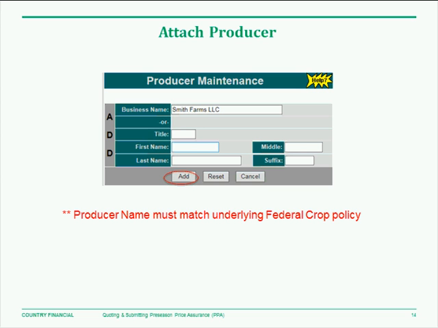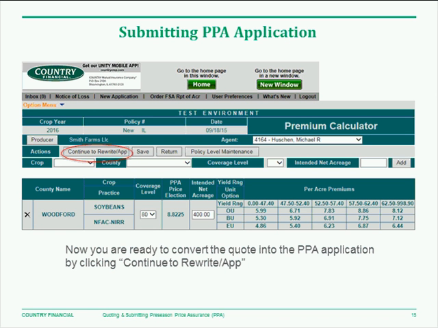If the underlying policy was for an individual's name, you'd use the first last field and click Add. Now that you have attached a producer, you are ready to convert the quote into the PPA application by clicking the Continue to Rewrite App button.